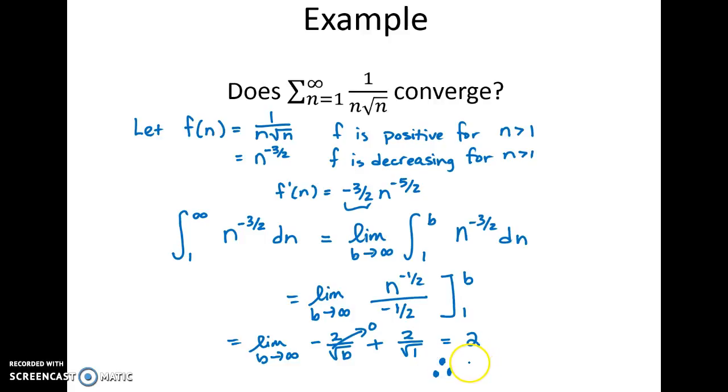So the series converges by the integral test. It's important to note that you have to have a positive decreasing function, so you want to make sure you convince yourself that that's true. And so now we have another powerful tool for testing convergence. It's called the integral test.